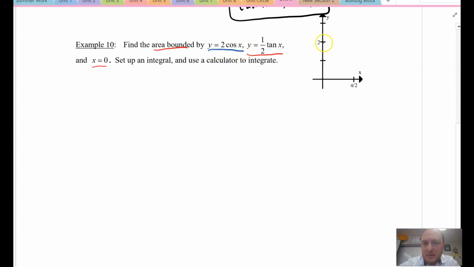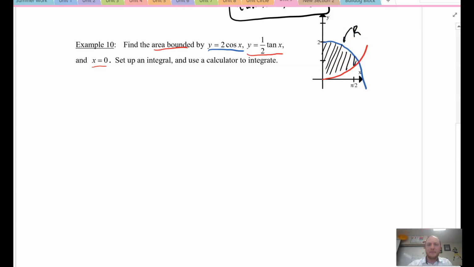And so that looked something like this. And then we had 1/2 tan of x, which looked something like this, but in the color red. Okay, and then here is your region R, right, that we're going to go ahead and integrate.